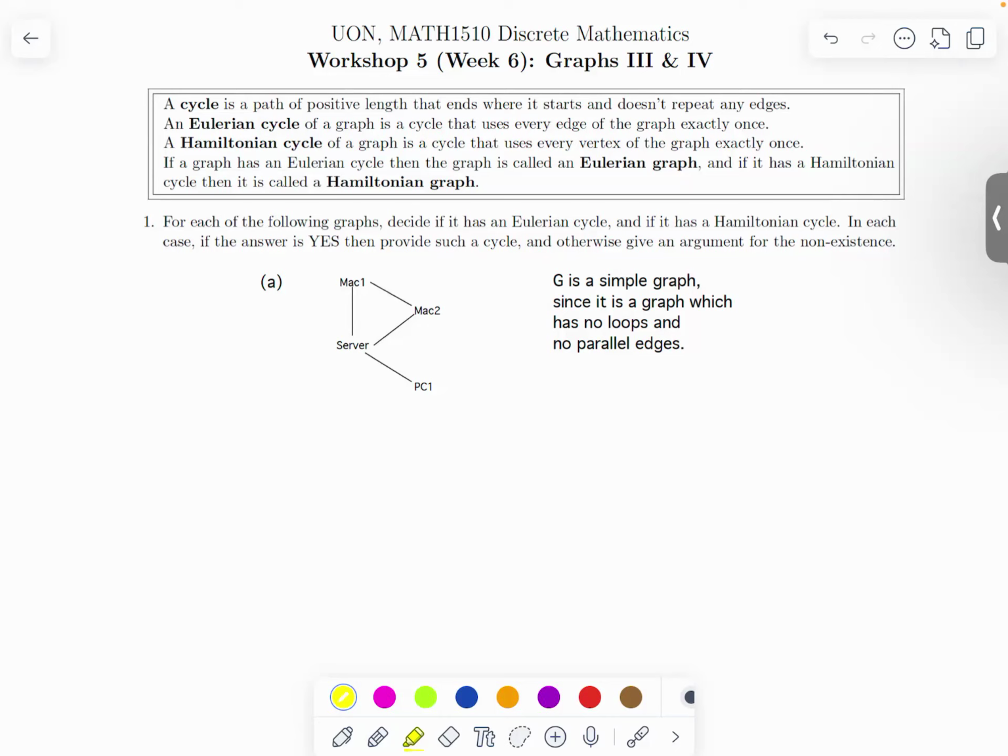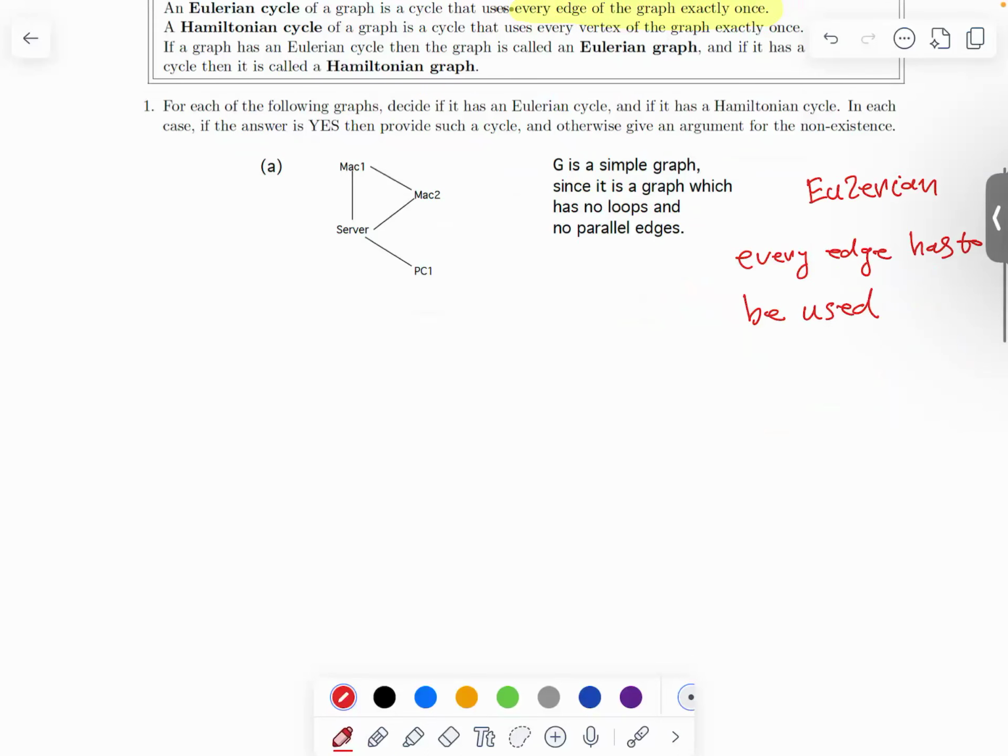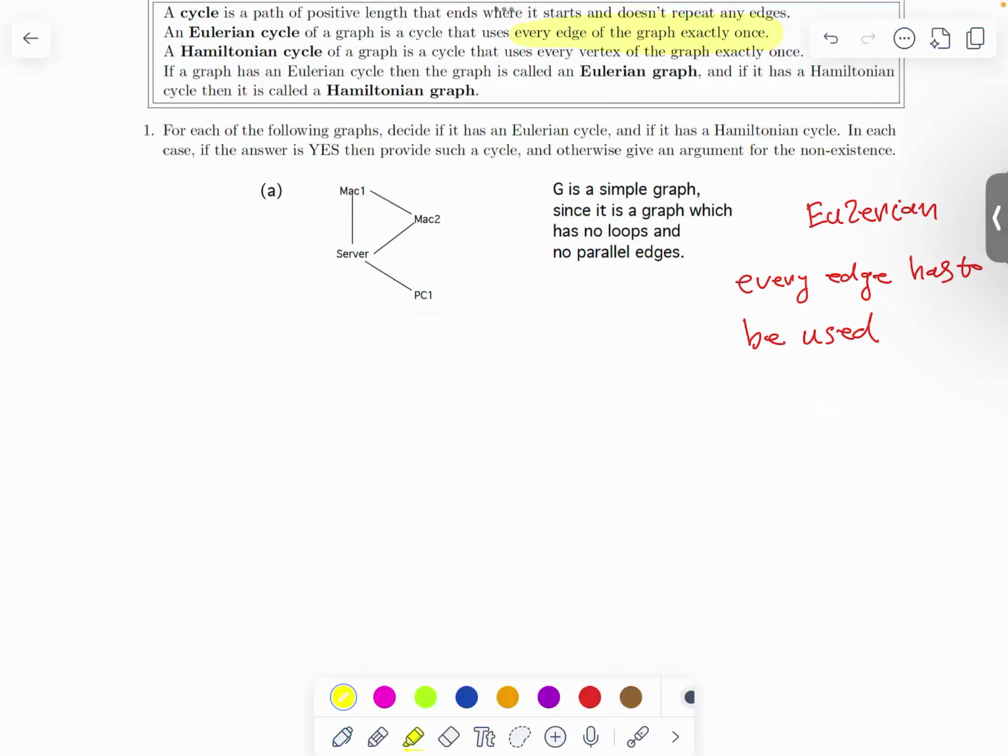Every edge has to be used for Eulerian. Now, Hamiltonian is about every vertex.